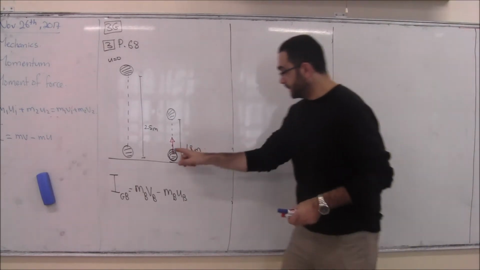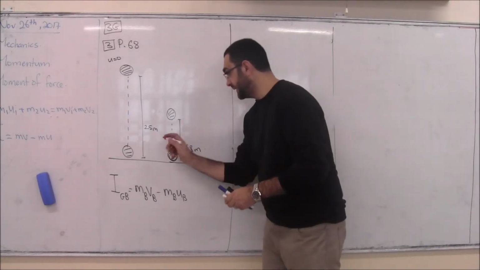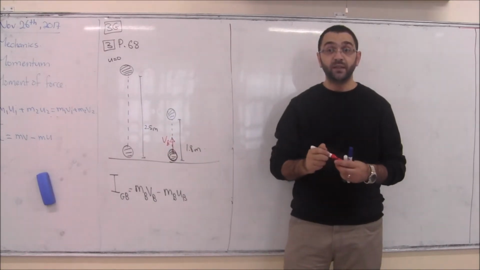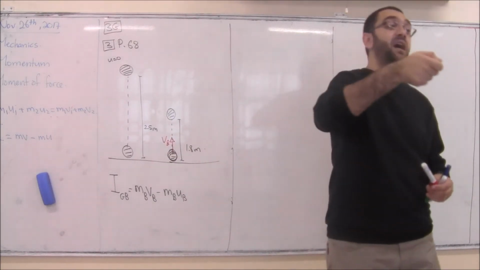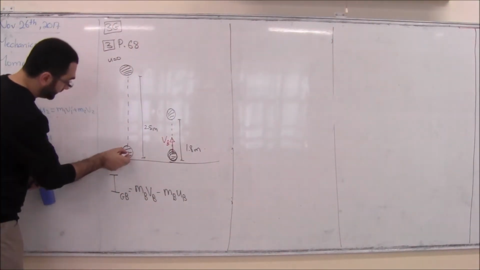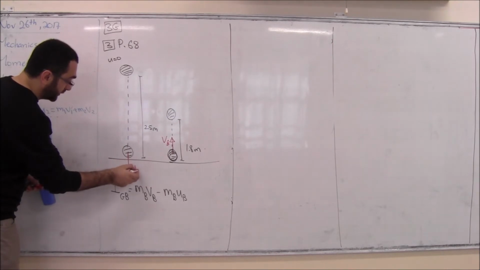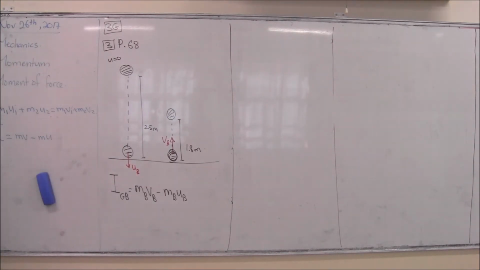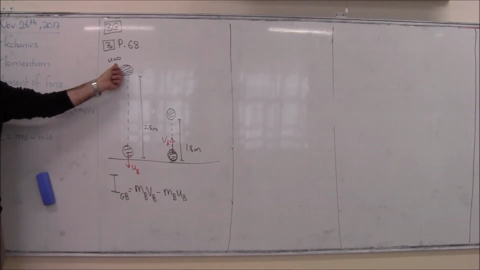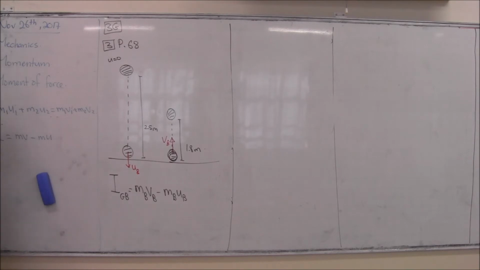So here it will be V_B. This is the speed immediately after the collision. The speed immediately before will be U_B. The U that is used in the equations of motion is different than the U that is used in the momentum.